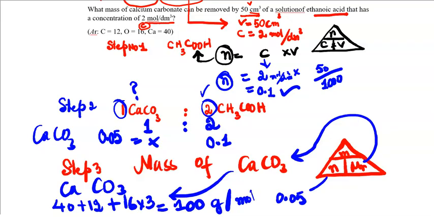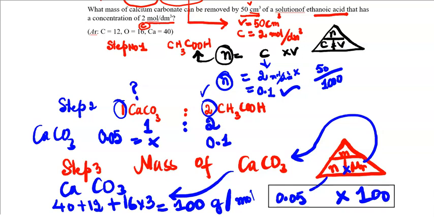Now we have n into Mr, so 0.05 multiplied by 100, and we get the answer: the mass of calcium carbonate required is 5 gram. I hope you are clear about this.